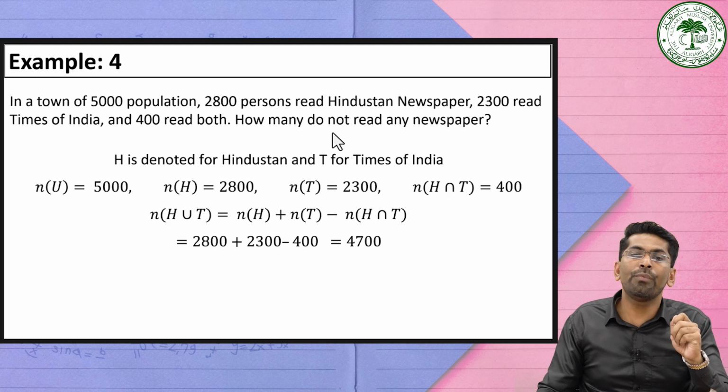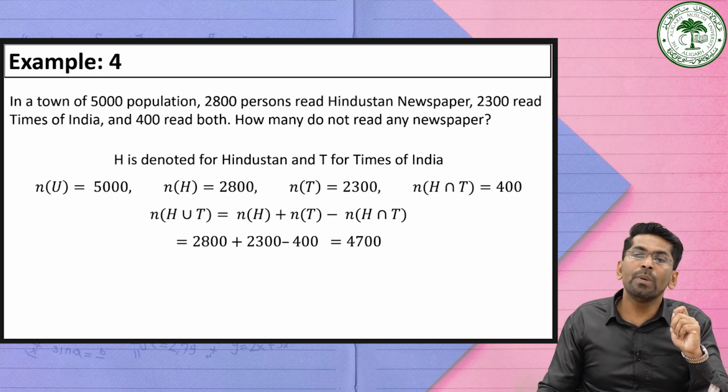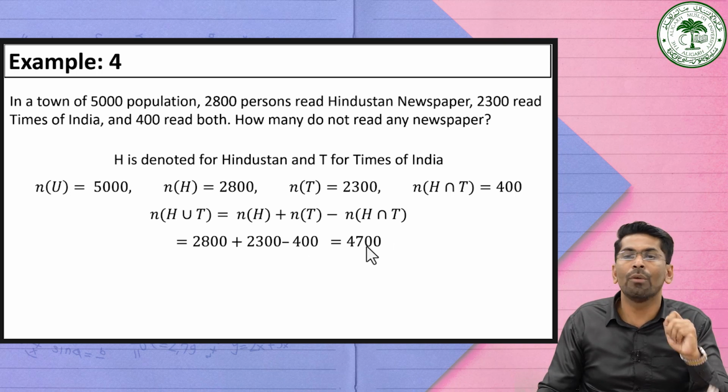And here we want to find out how many people do not read any of the newspapers. The number of people reading none of them is equal to the total population minus the number of people who are reading any of the newspapers.